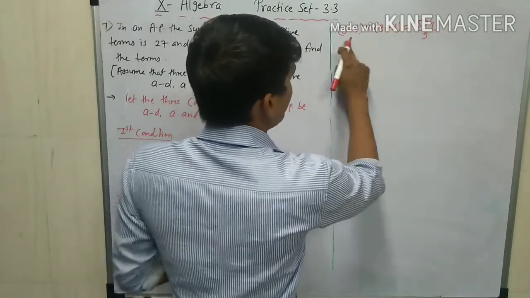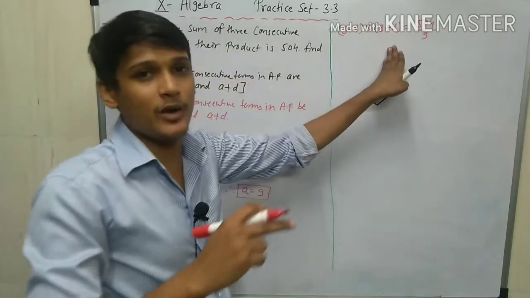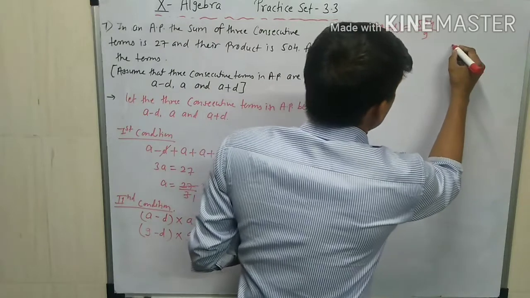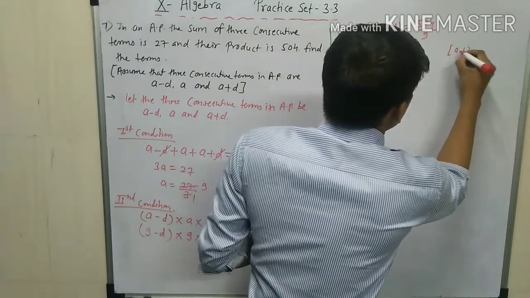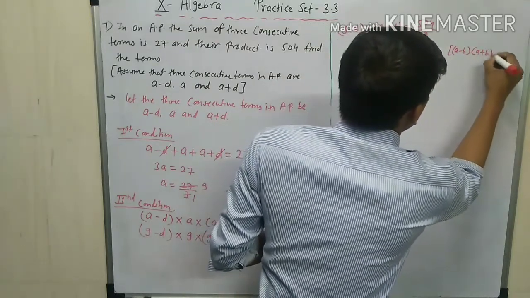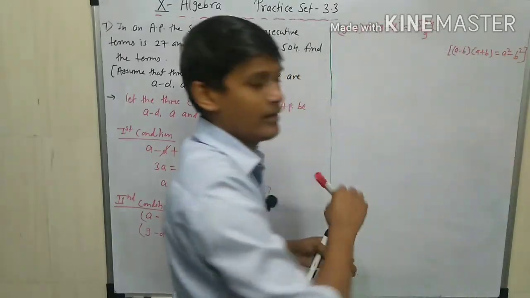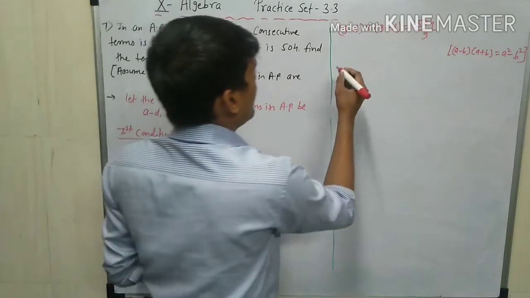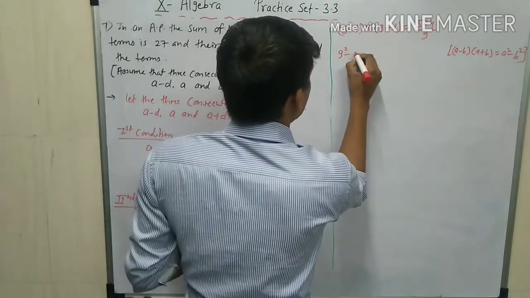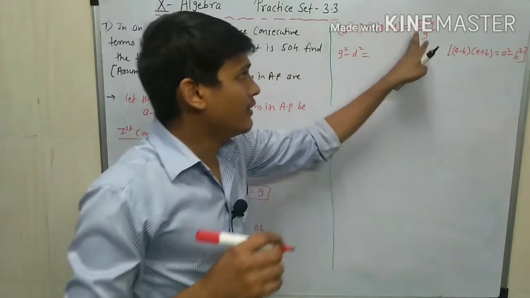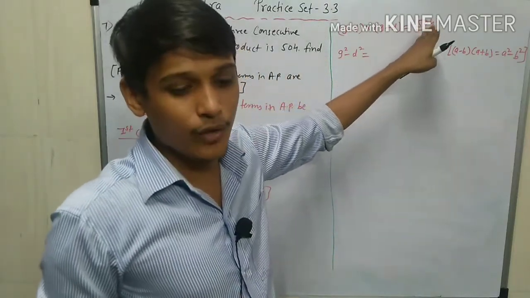Now this is (a minus b) and (a plus b) is equal to what? A square minus b square. We can use this formula: (a minus b)(a plus b) is equal to a square minus b square. Understood? Now we can put here 9 square minus d square is equal to 504 upon 9.